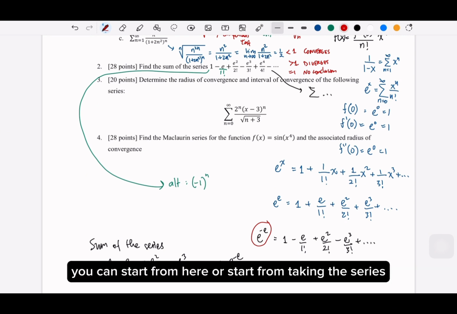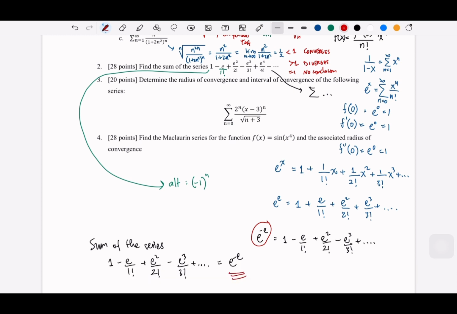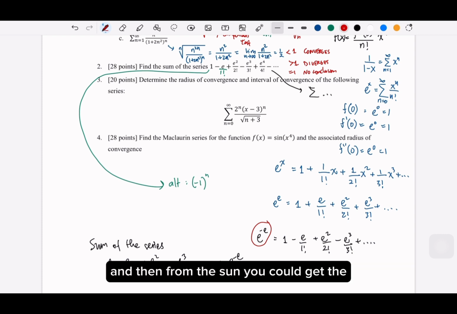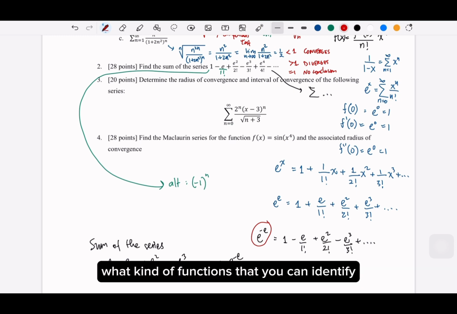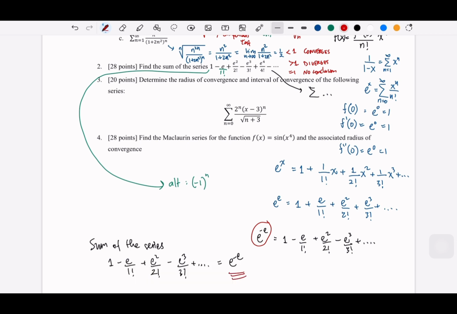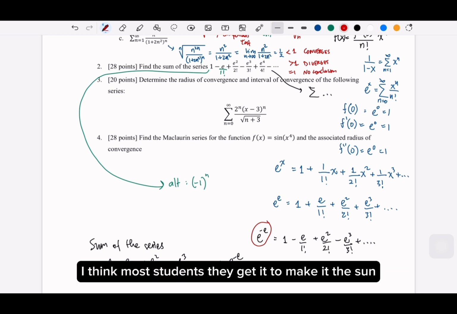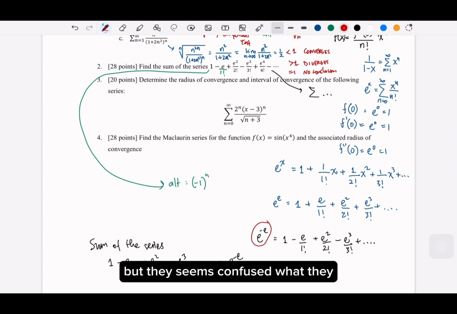So the way you work, you can start from here or start from taking the series, take it into the sum, and then from the sum you can identify what kind of function it is. I think most students get as far as making the sum, but they seem confused about what to do from the sum.